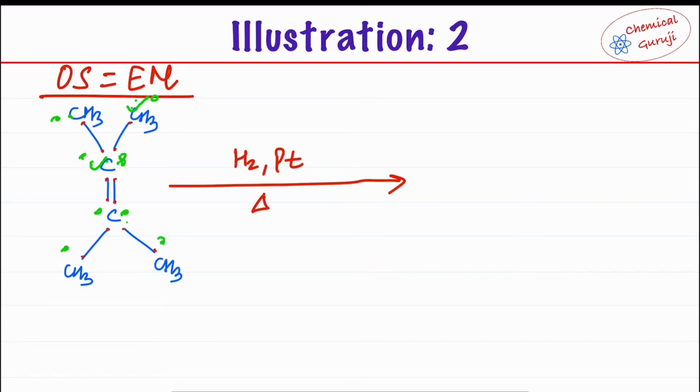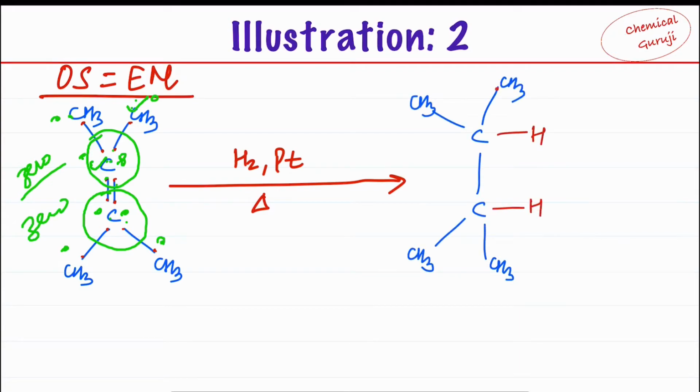So here I can see that this carbon has these 4 electrons and this carbon has these 4 electrons. So can I say that the oxidation state of these carbons is 0? Okay, 0. Let's see the product after the catalytic hydrogenation.